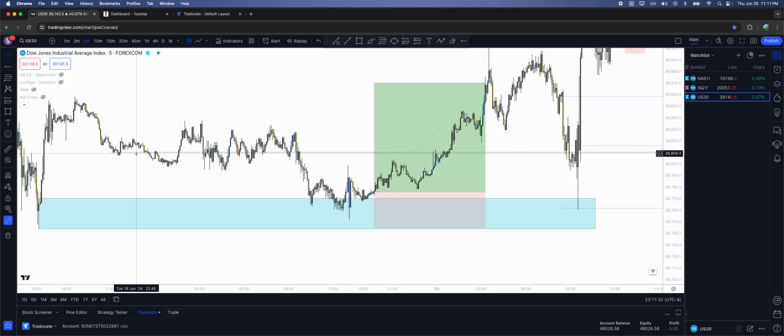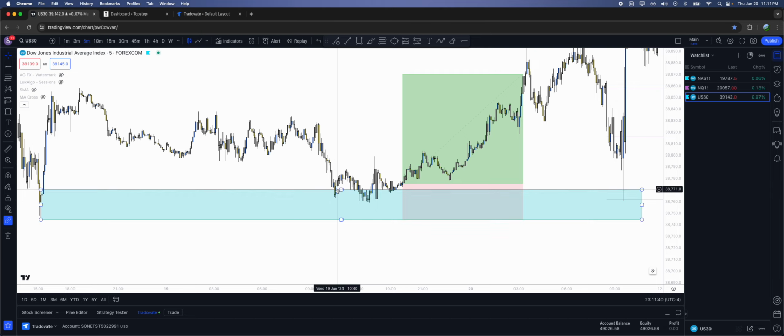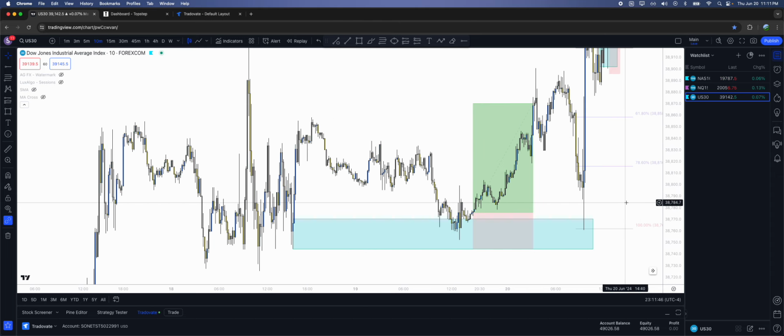This was for a higher time frame. Come back to that later. But basically, we're looking at price coming in. I figure this was a lot higher of a time frame, so I zoomed out a little.